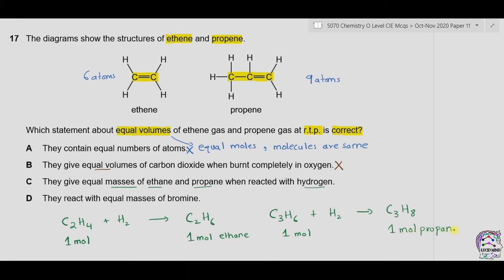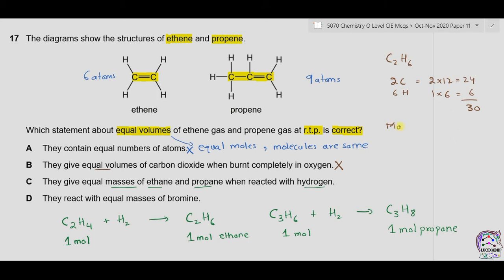Let's find the masses of ethane and propane. For ethane we can write C2H6, so there are 2 carbon atoms and 6 hydrogens. The molecular mass will be 2 into 12 for carbon and 1 into 6 for hydrogen. So in total the molecular mass is 30 for ethane.